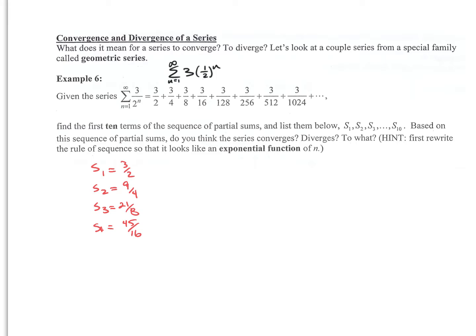Do we see the pattern? I hope we do. All right, and then S sub 5, let's do it 2 more times. Then we get 93/32. And then S sub 6, we get what?